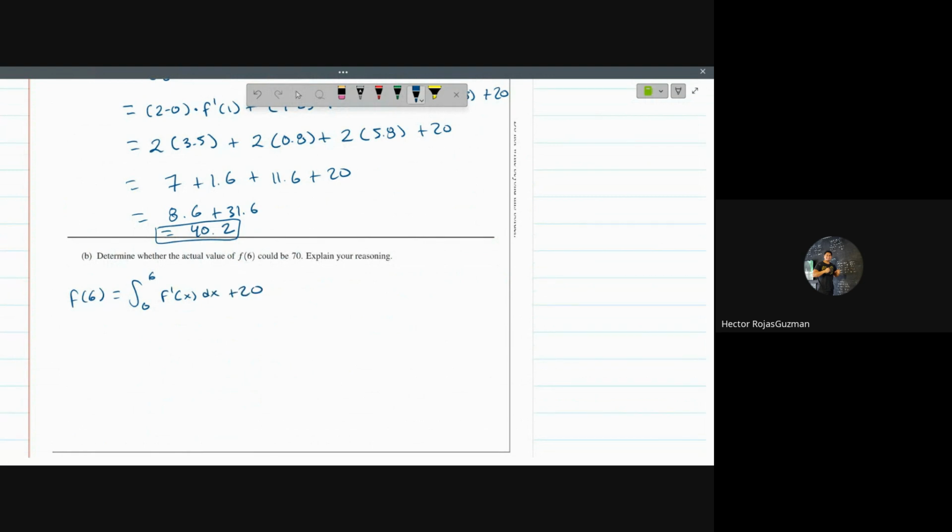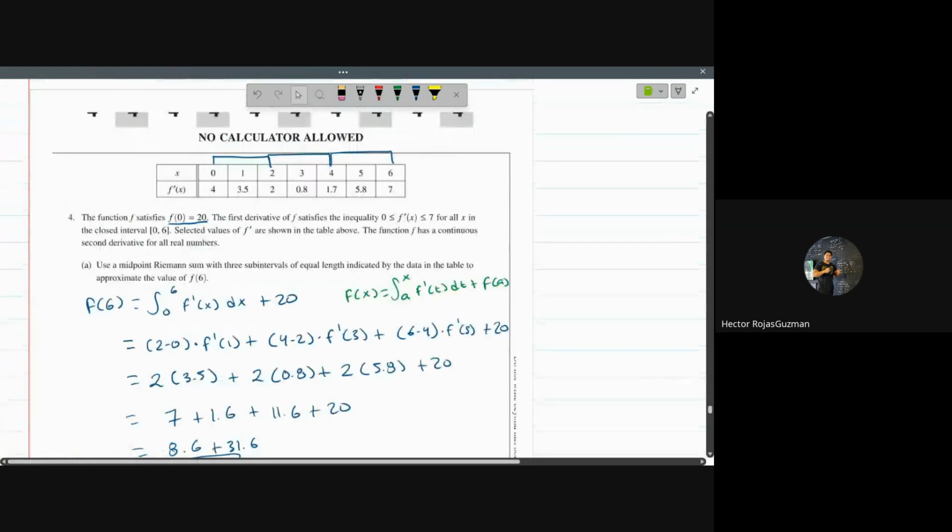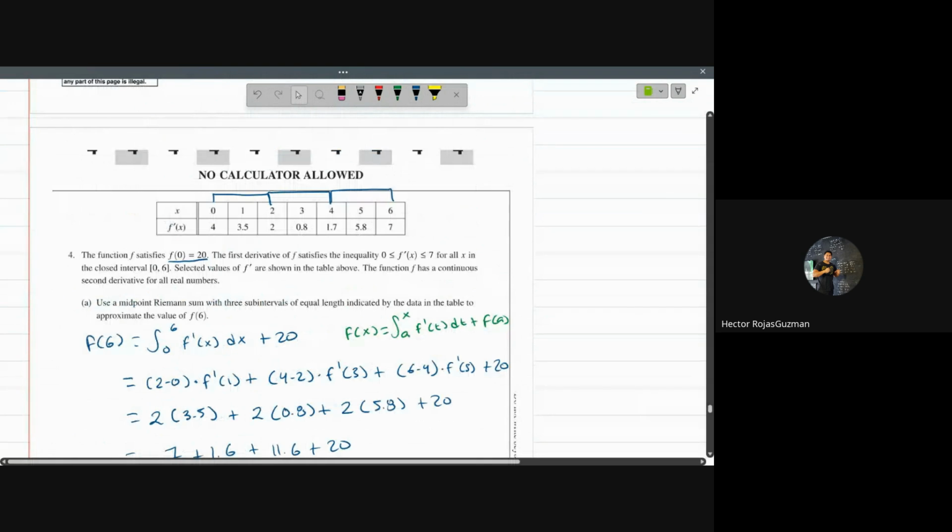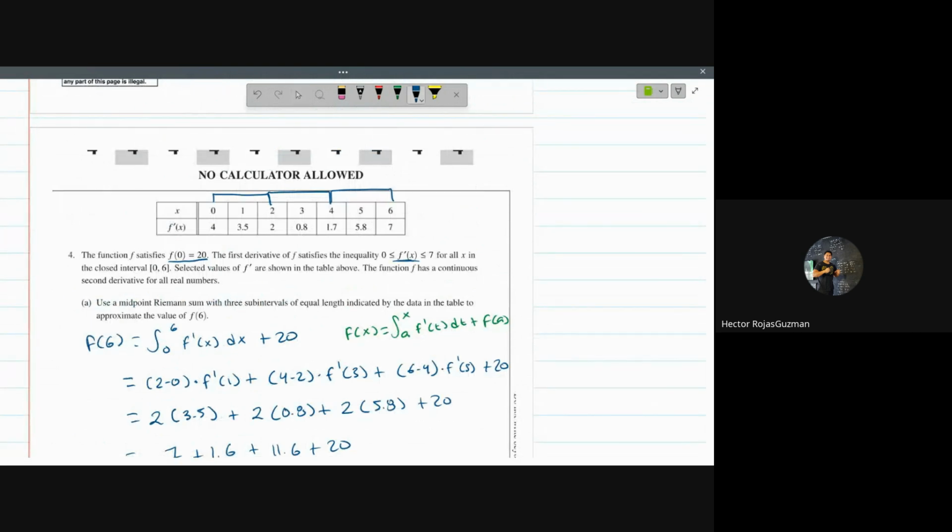Now, here's the thing. We were told at the beginning of the problem that the value of f prime is going to be sandwiched between 0 and 7. This means that at the very most, f prime can be 7 and no more. Sure, it can be other numbers.